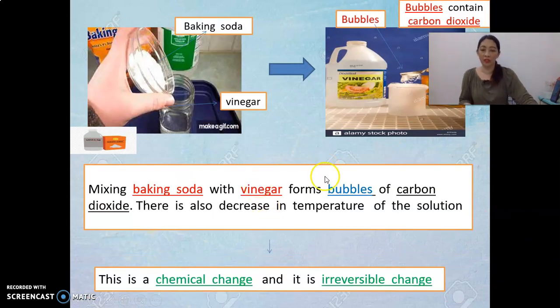The next example is baking soda plus vinegar.